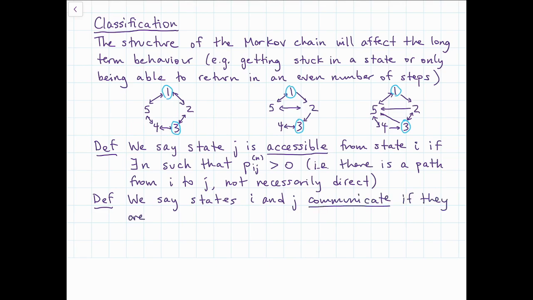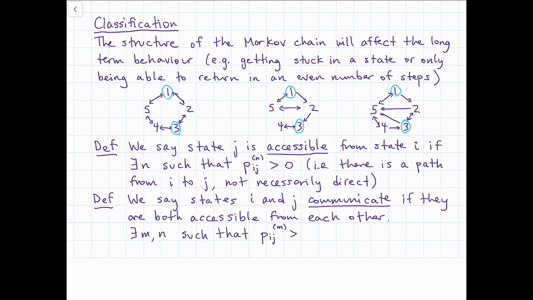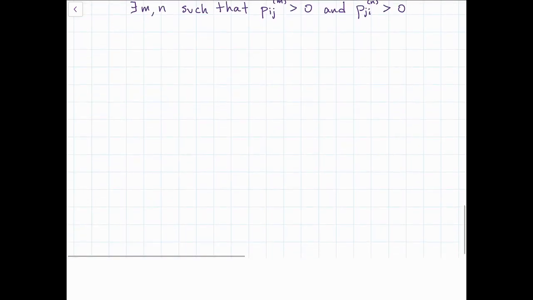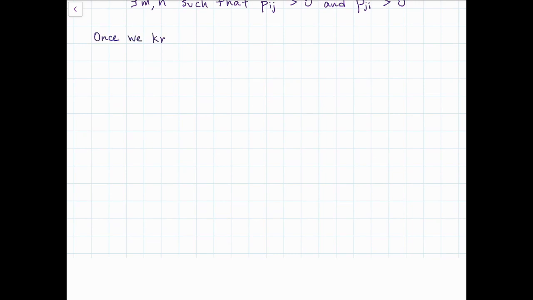The terminology makes a lot of sense here. So if I and J can both be accessible from each other, then we say they communicate. Formally, we'd say there exists M and N such that Pij upper M and Pij upper N are both strictly positive. And again, that just means there's a path from I to J and a path back, but they don't necessarily have to be the same path, and they certainly don't have to be direct.